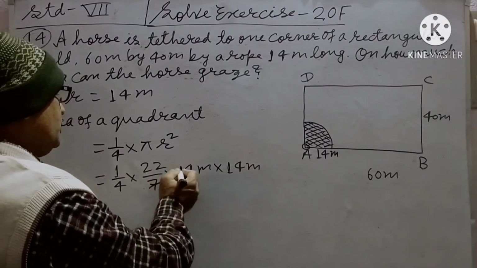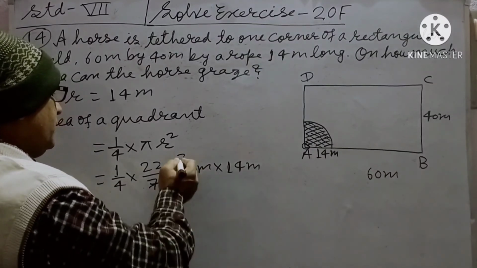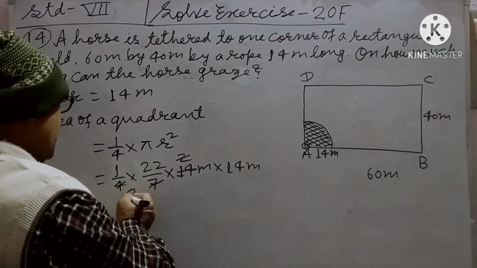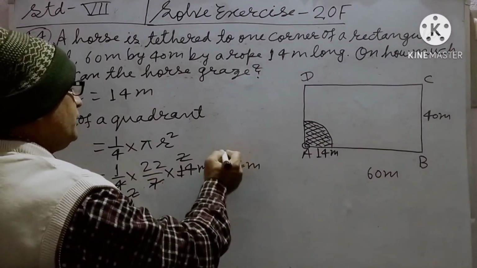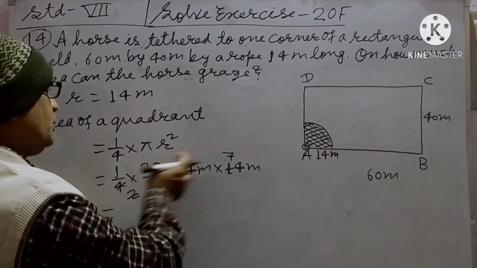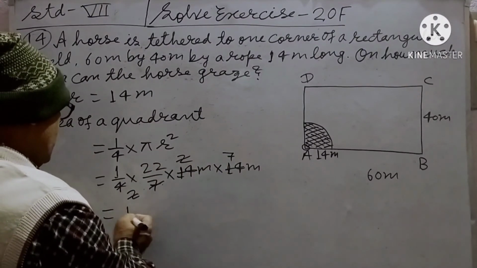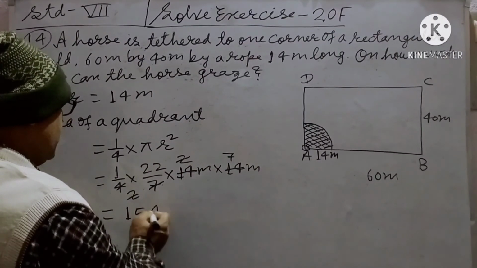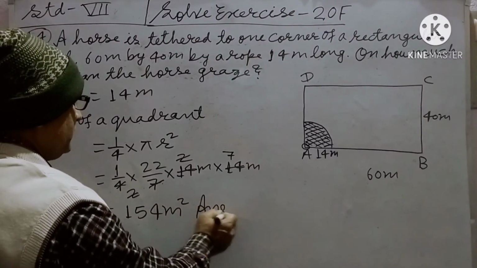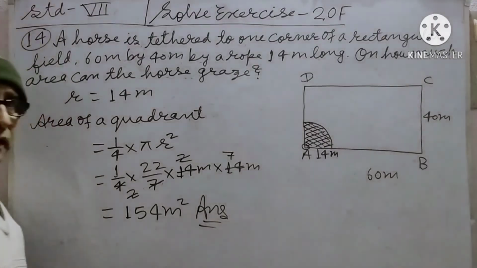So 7 twos are 14 and 2 twos are 4. Again 7 twos are 14, equal to 22 sevens are 154 meter square. Answer of this question.